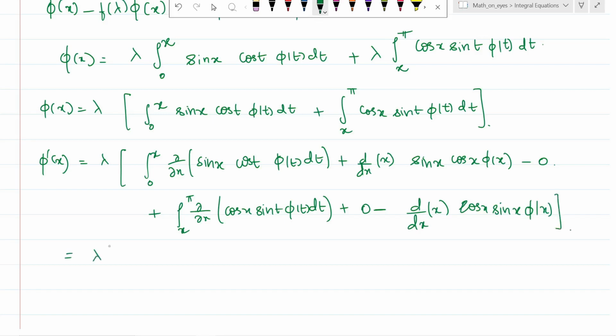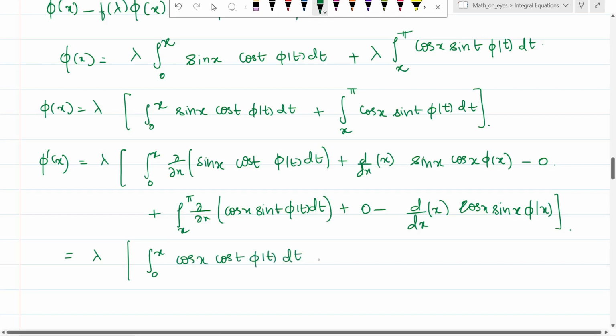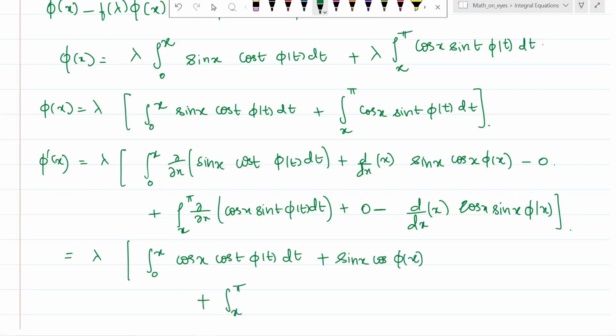And this is equal to lambda outside, integral 0 to x. Differentiation of sin x is cos x. So integral 0 to x cos t phi of t dt plus sin x cos x phi of x, and then plus integral x to pi. Differentiation of this term is going to give you minus sin x, since differentiation of cos x is minus sin x.